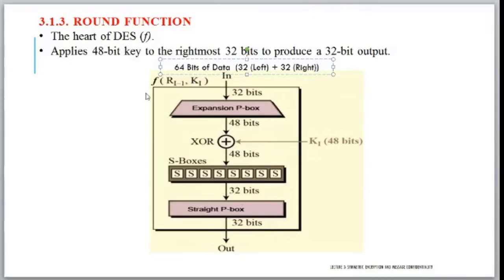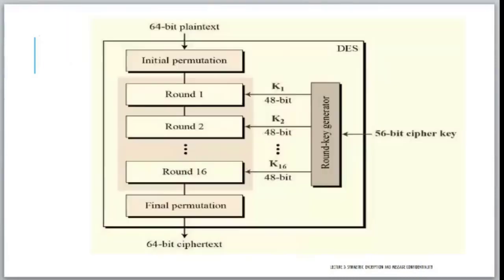Now I go to the first block diagram. You will understand clearly now. Taking the 64-bit data, applying the initial permutation, again 64 bits here, converting the 64 bits into two parts, 32, 32. So 32 is going inside round 1.